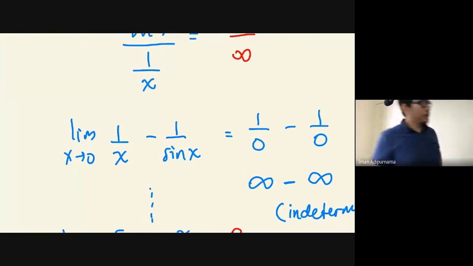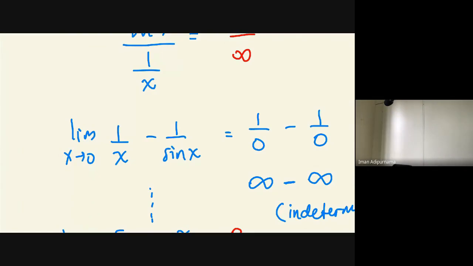Also this case, 1 over x minus 1 over sine x, approaching 0. 1 over x goes to infinity, and 1 over sine x is also infinity, so it becomes infinity minus infinity. Oh, it's 0? No, we cannot subtract this, because infinity is an idea, not a number. So we cannot do that.